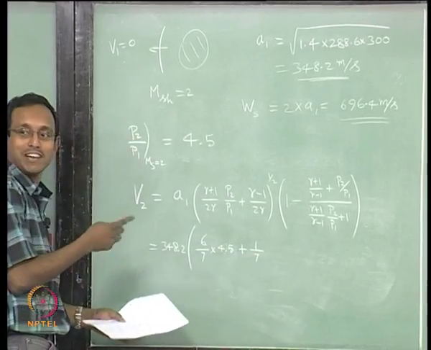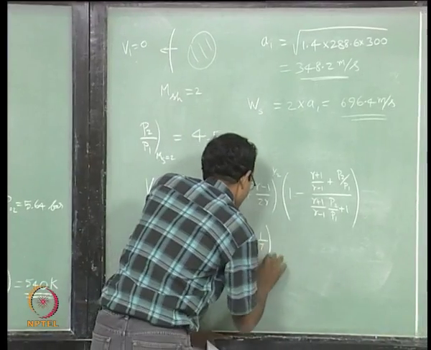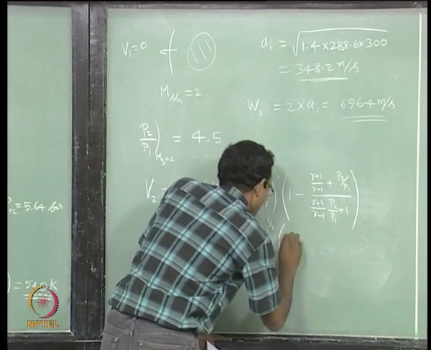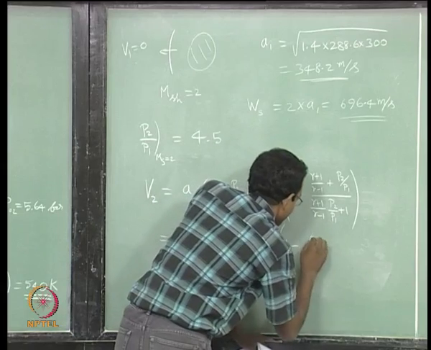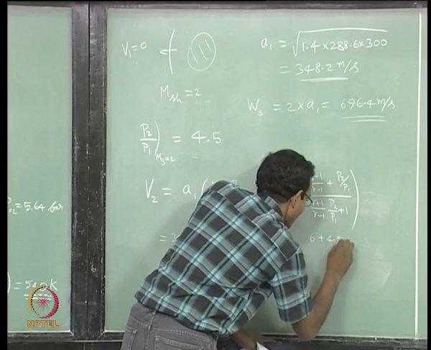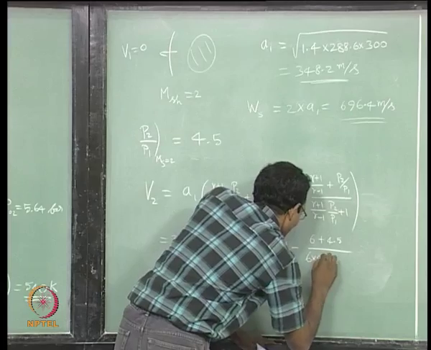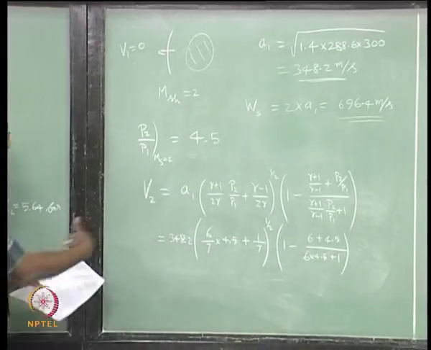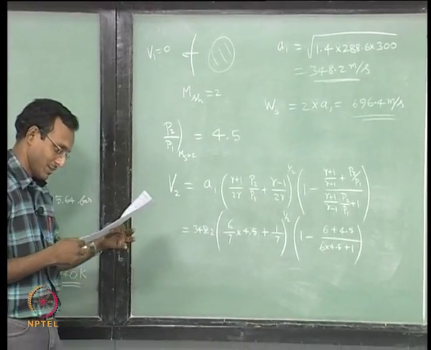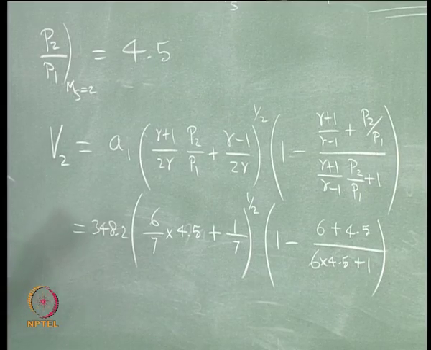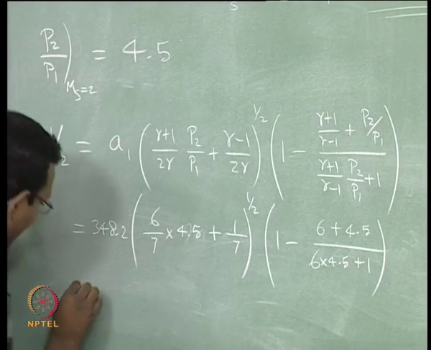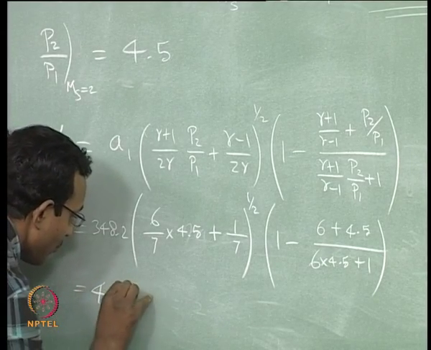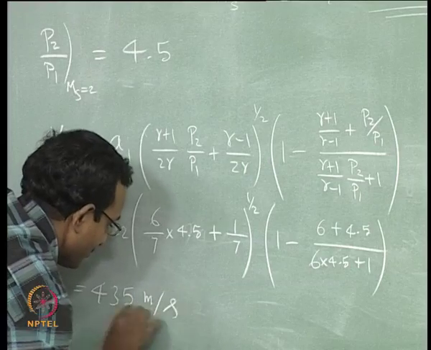You have to get used to these kind of numbers, it is not very difficult. To the power half into 1 minus, we already know this number is 6, 6 plus 4.5 divided by 6 into 4.5 plus 1. You have to just calculate this, nothing more to simplify here. Okay. And that number happens to be 435 meter per second.